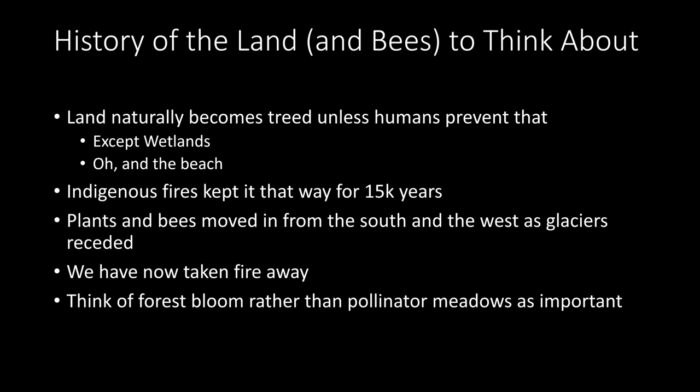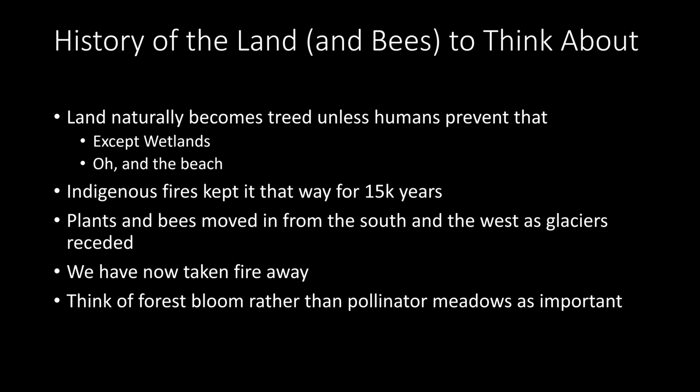Okay, so now a little break here. We're thinking about things historically. Basically, right now, if we were to disappear, everything would turn to trees, with a couple exceptions. Wetlands, because wetlands are not the greatest place for trees to establish, though some of those actually become trees too, as swamps. Others, not so much, depending on the hydrology.